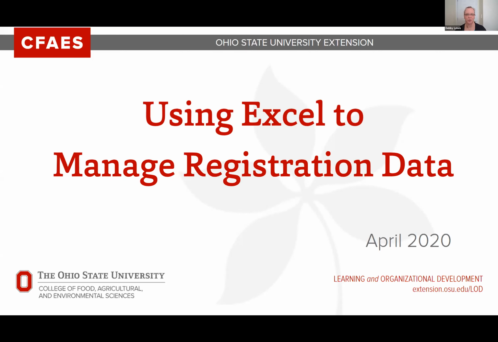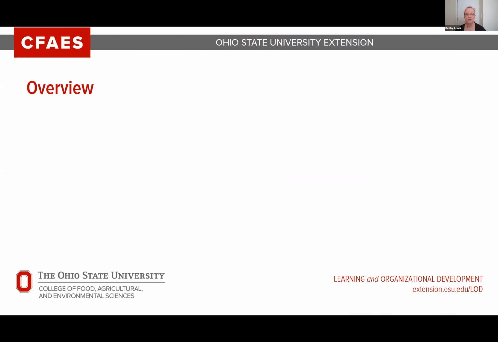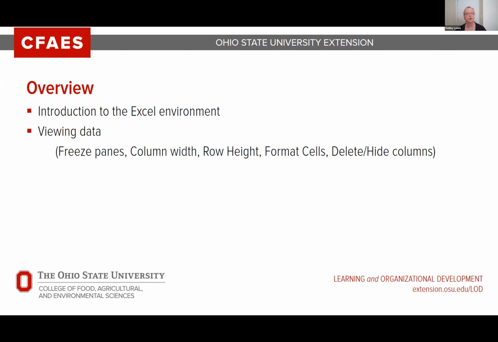Okay, so again, we're talking about using Excel to manage our registration data. So first off, I'm going to give you a little highlight of what Excel is. We're going to do a little introduction to Excel and the environment in Excel. And then we're going to talk a little bit about how we can view our data, including freezing panes, adjusting column width and row height, formatting cells, deleting and hiding columns or rows.